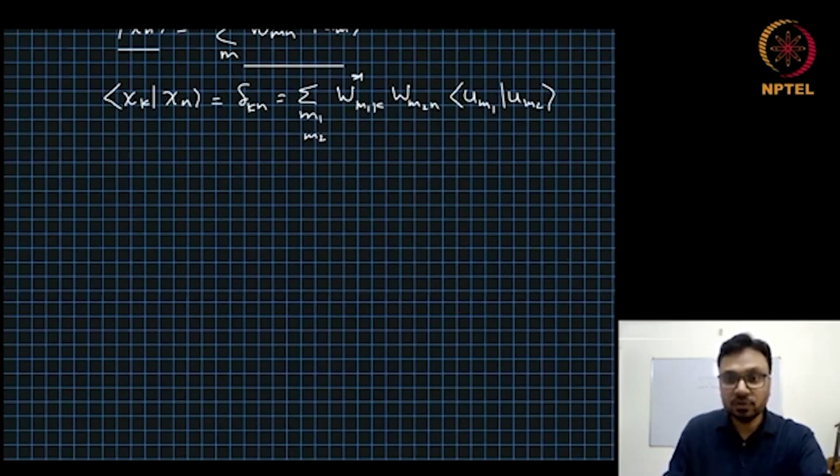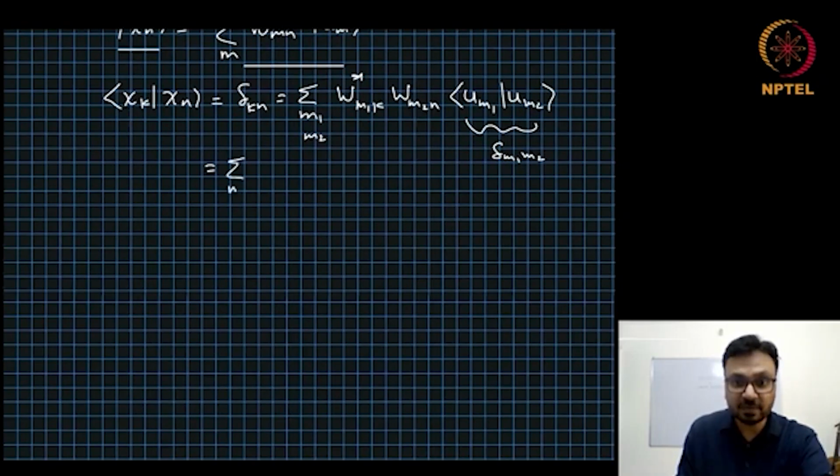The w are complex numbers. Since u m is also an orthonormal basis, this is delta of m1 m2, so we can replace all m1 with m2 when we sum over m2 and just call it m. So we get sum over m w mk star w mn, and this has to be equal to delta kn.